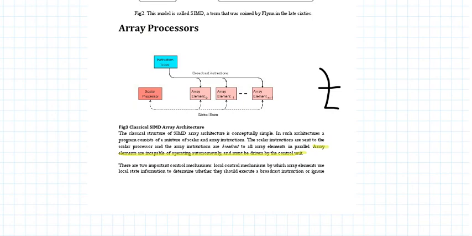So array elements cannot operate autonomously, and they must be driven by some control unit, so that after the computation task is complete, the results can be accumulated at a single place so that they can be used later on. Okay. Then you have a broadcast mechanism. Just have a look at this broadcast mechanism yourself and try to understand this.